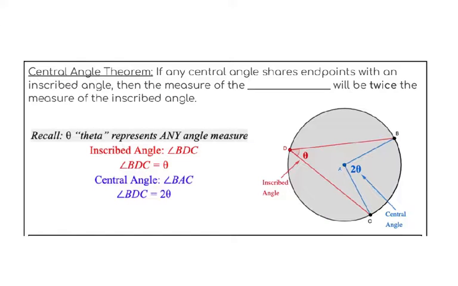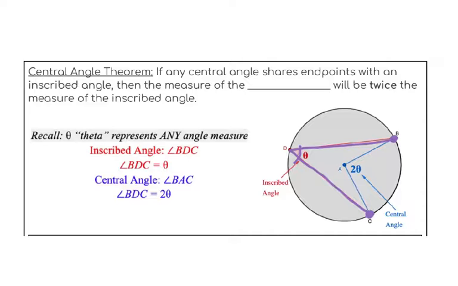Now, in order to prove different things about circles, especially angles about circles, the central angle theorem is going to be really important to discuss the relationship between central angles and inscribed angles. The central angle theorem says if any central angle shares endpoints with an inscribed angle, so what it means by that is, notice how this is the inscribed angle, and B and C are its endpoints.